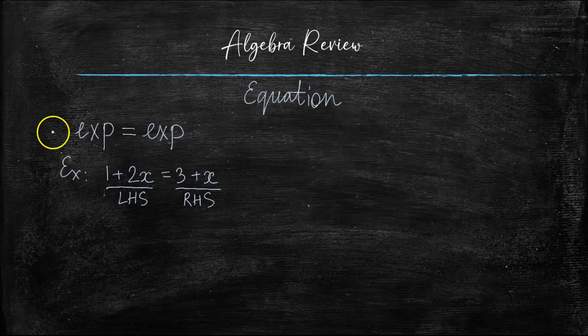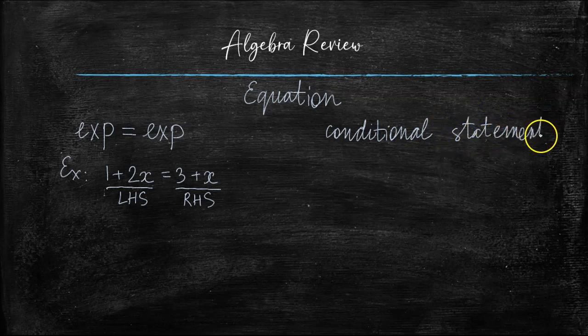On the other hand, so this is one point of view. On the other hand, alternatively, we can refer to an equation as a conditional statement. And conditional, what does conditional refer to?